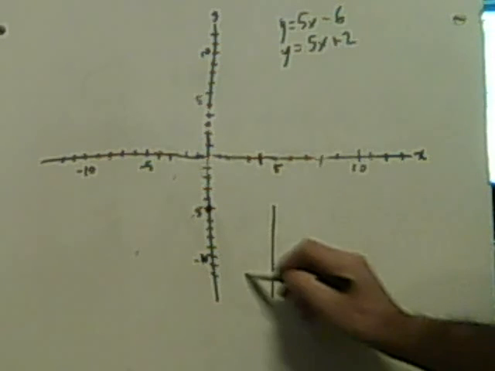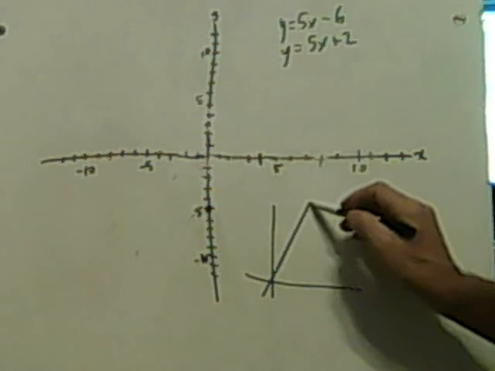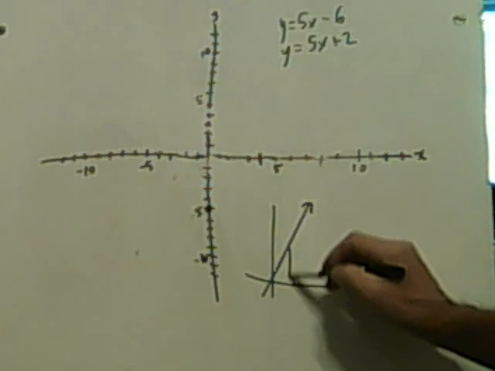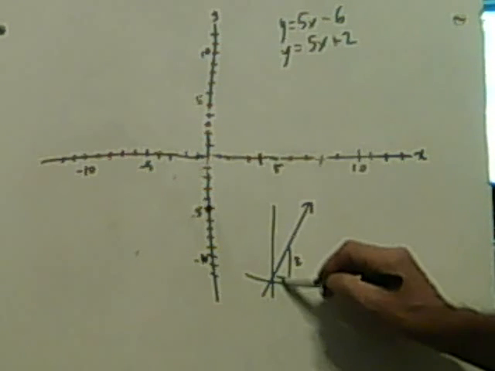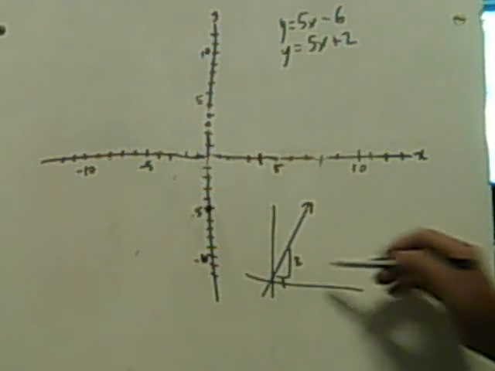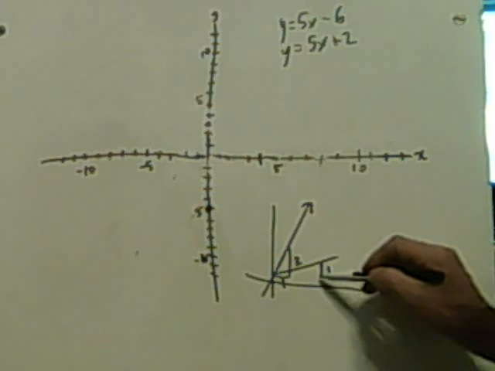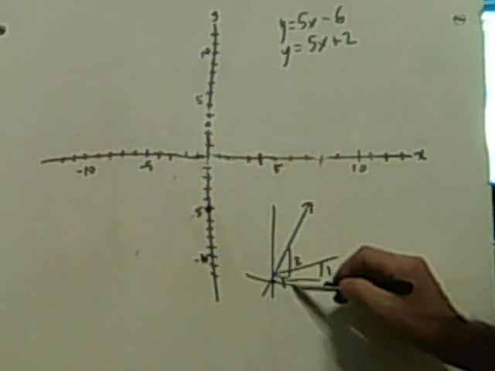Let's say you take something with a slope of 2, for example. That means the rise over the run is 2 over 1. Now you can have something with a slope of 1/2. That means if it was like this, the rise is 1 and the run is 2.